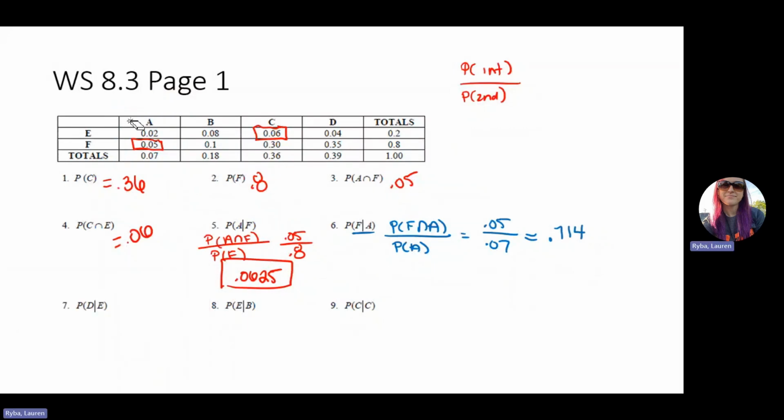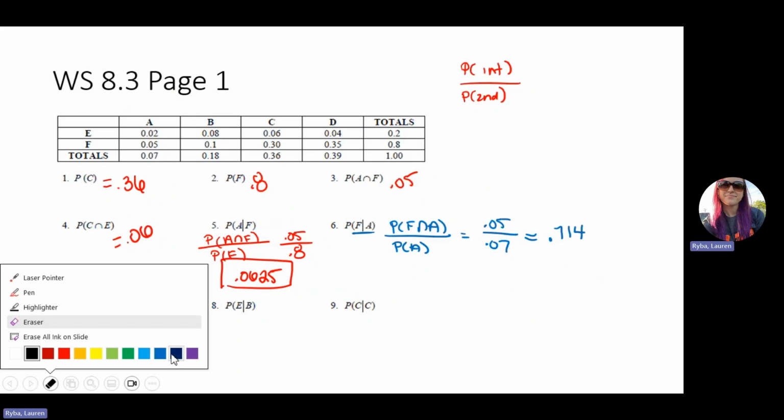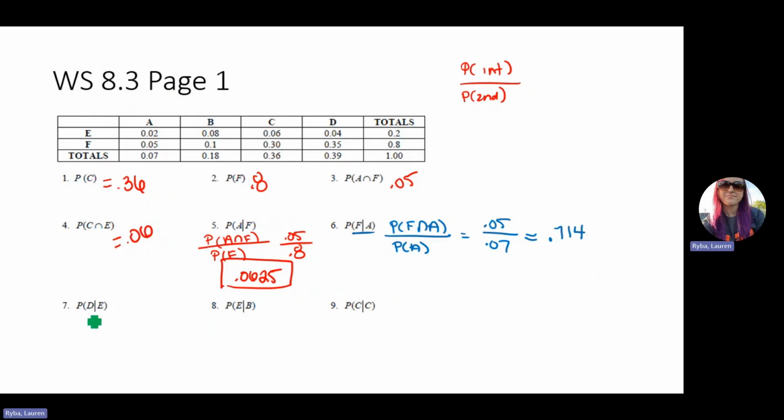So if I want to do that same thing with the next one, I want the probability of D given that I'm only looking at E. So I'm only using that top row.